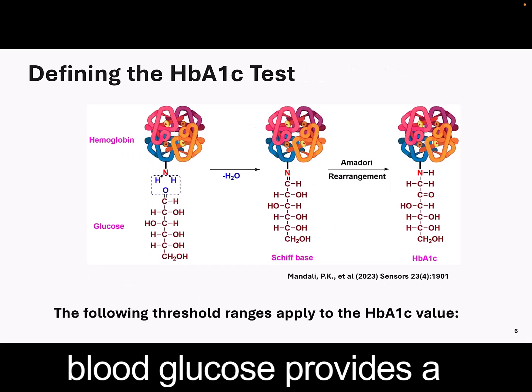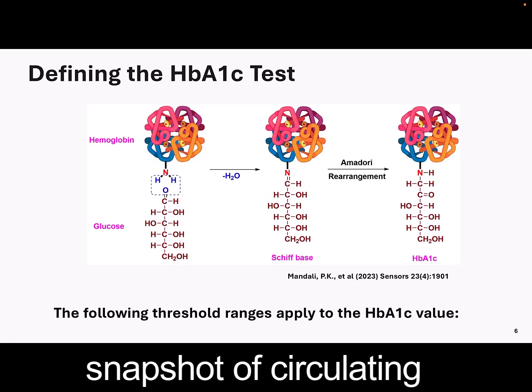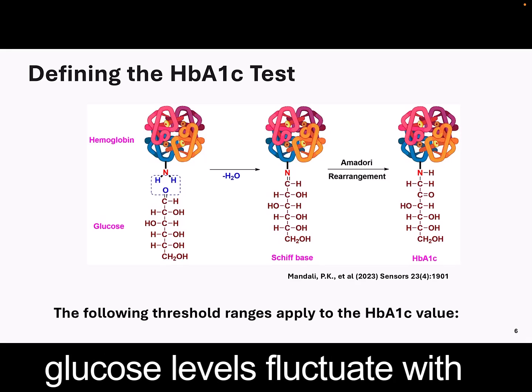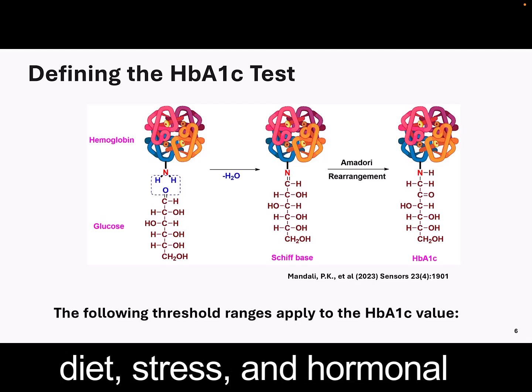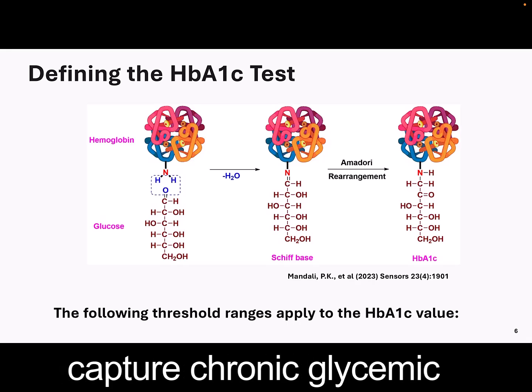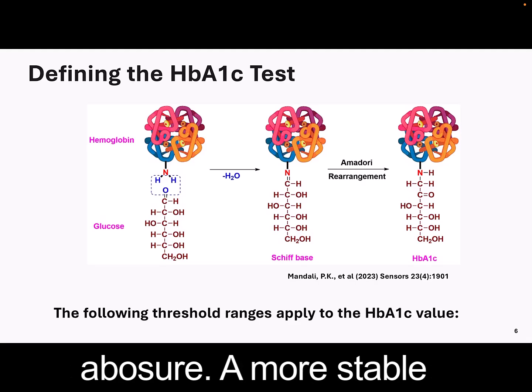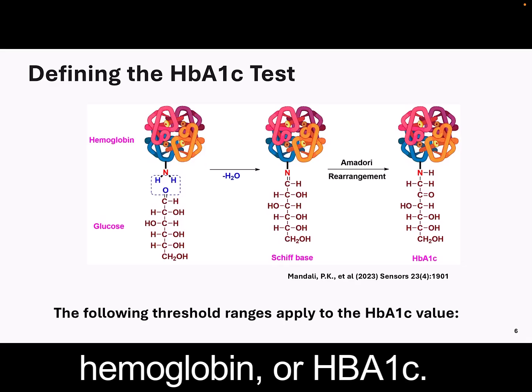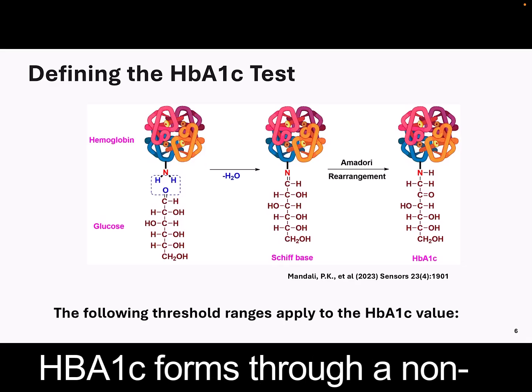Random blood glucose provides a snapshot of circulating glucose at a single moment in time. However, because glucose levels fluctuate with diet, stress, and hormonal regulation, it does not fully capture chronic glycemic exposure. A more stable biomarker is glycated hemoglobin, or HbA1c.